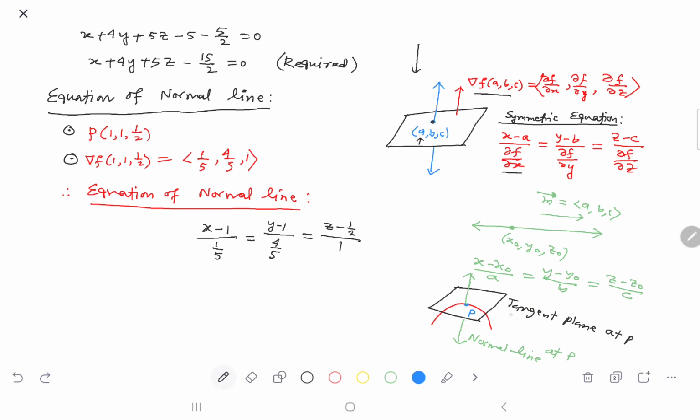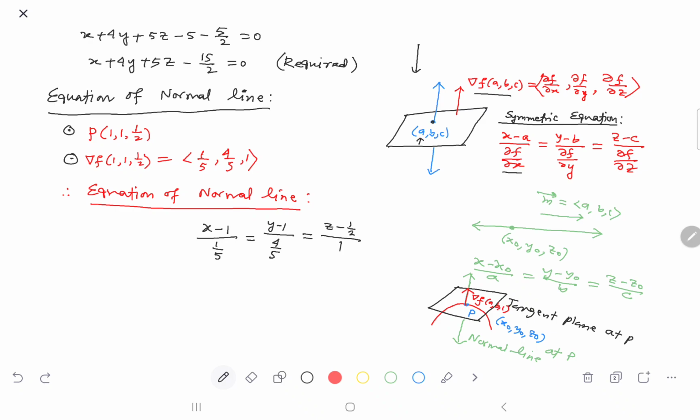This point will be given to you, and then using the idea of the gradient, which is a vector perpendicular to the tangent plane at the point P, you get a vector here that is the gradient of f at a b c.